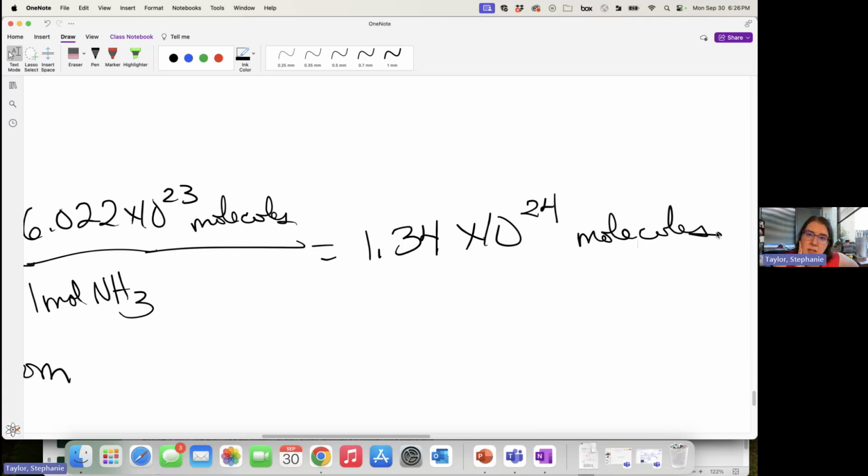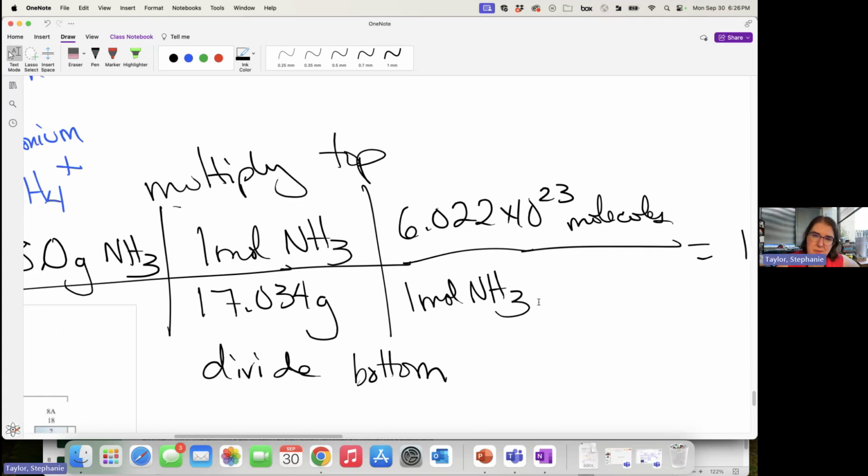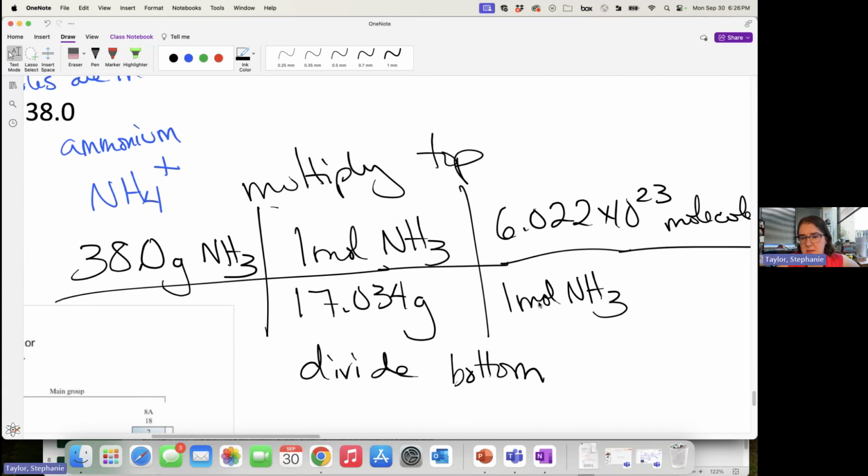That should look relatively familiar because there were some questions on the first exam that had a very similar feel. We were using atoms instead of molecules, but a very similar idea. But on this one, we can still go to atoms because we have 3 hydrogen atoms for every mole of ammonia.